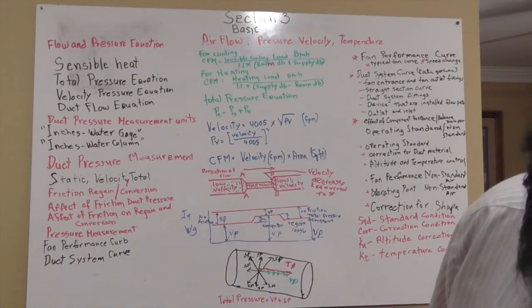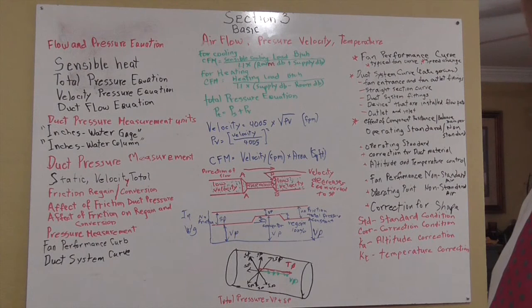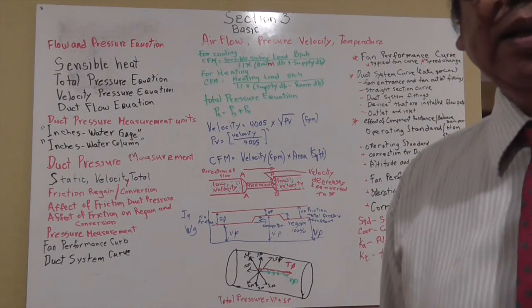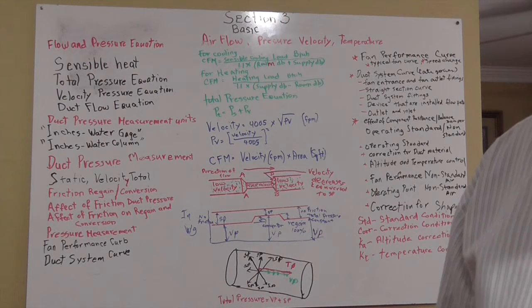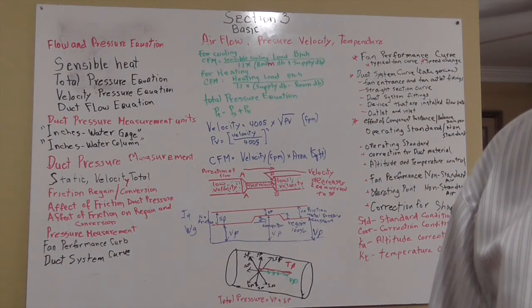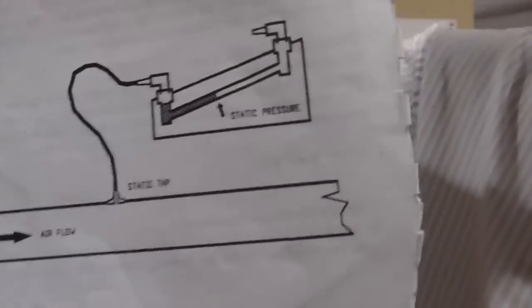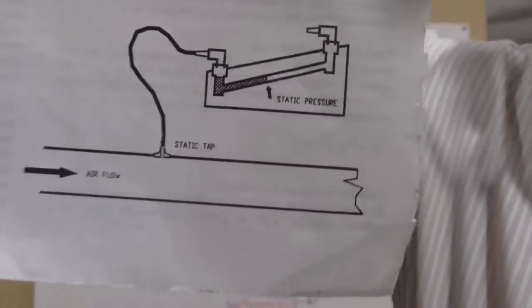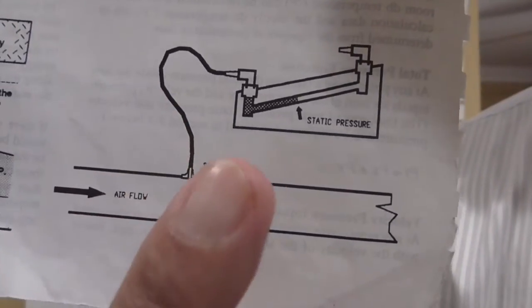Now I'll show you how to get the static pressure first inside the duct. In order to get the static pressure reading, you have to use a manometer with a pitot tube. This is how it looks. You've got the pitot tube right here and your manometer here.